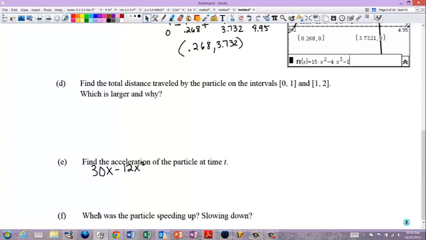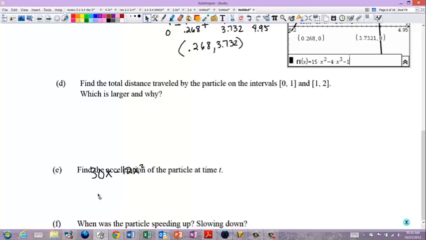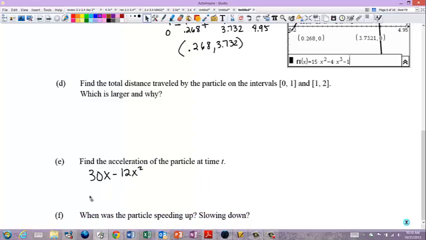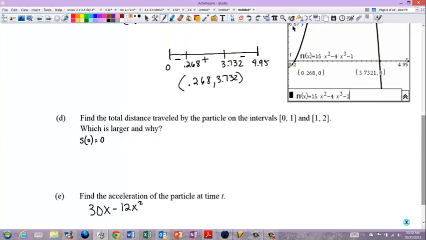Total distance. I want to find the total distance traveled, from 0 to 1. So I want my position at 0. My position at 0 was 0. And then I want you to look at the path of the particle.